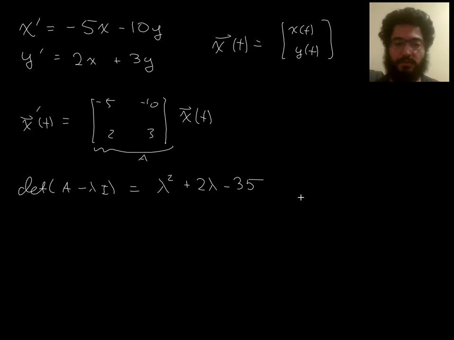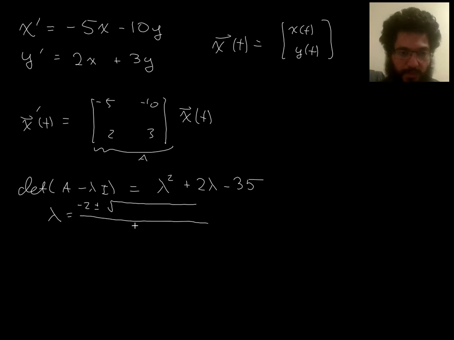All right, eyeball that for a second. No idea how to factor that. Quadratic formula. So the roots of the characteristic polynomial are -2 plus or minus the square root, all over 2.